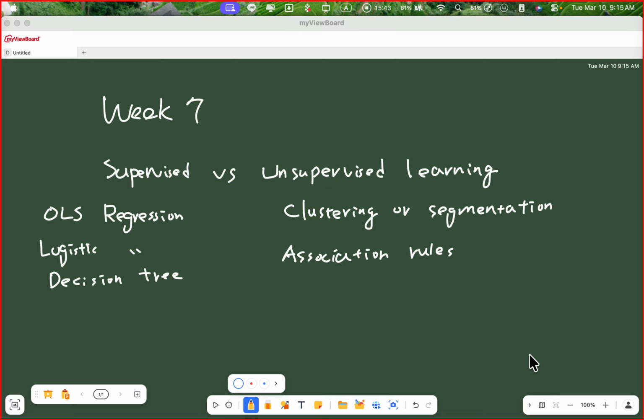Y equals A, B, plus. We have 3 lines. Each line represents one model. So here we have 3 models. Right? So it's called a model. Regression line is a model.